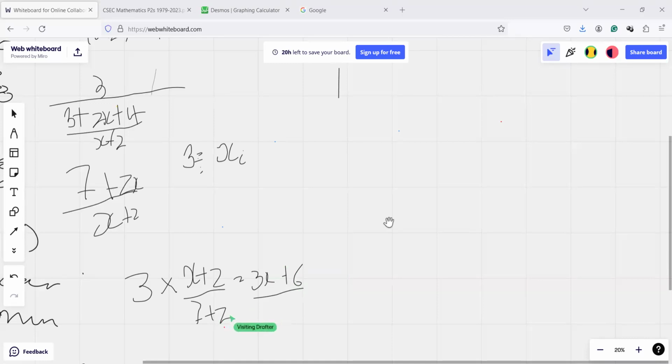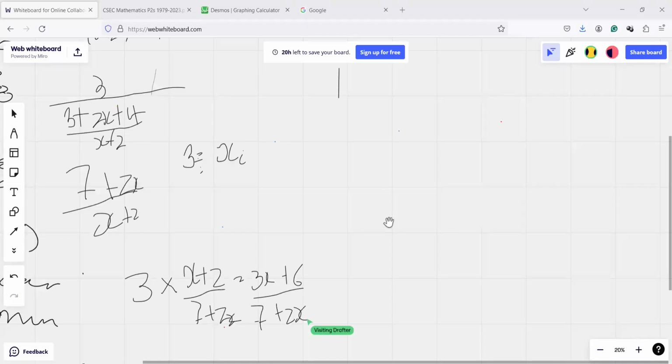It should be 2x, my bad. 7 plus 2x. And that would be your function f of x.